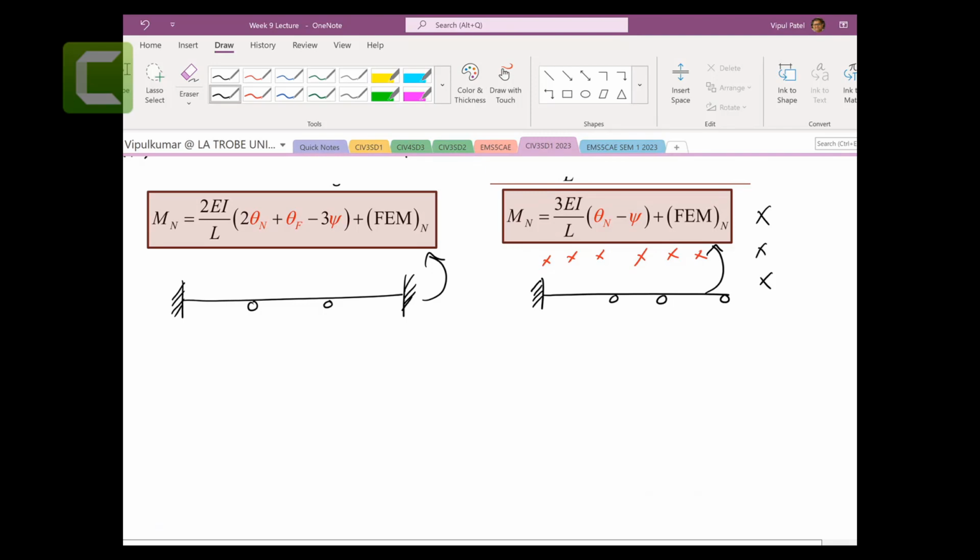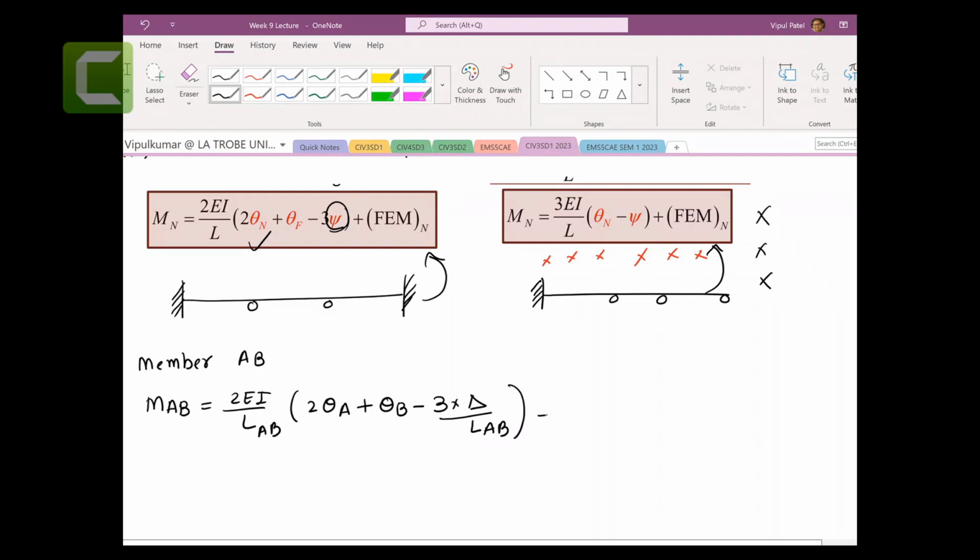So here, let's take member AB first. I can write member moment MAB equal to 2EI on LAB, times 2 theta A, near node is A, plus far node theta B, minus 3 psi, where psi is delta on LAB, the rotation, plus the fixed end moment of AB.